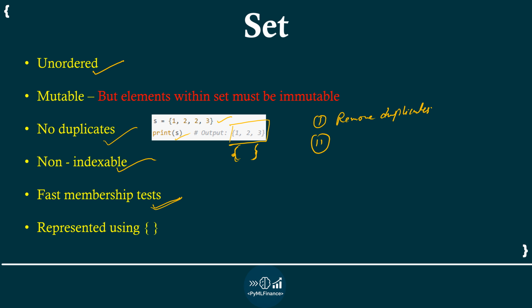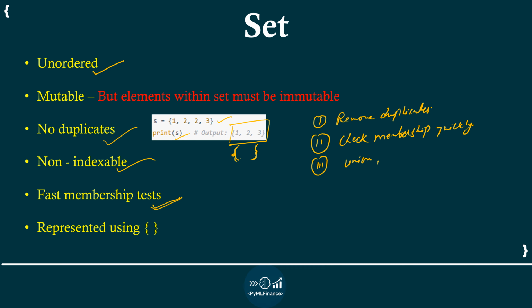Second, if you want to check membership quickly, if a particular value is available in the data structure or not, you can go with set. And if you want to perform mathematical operations like union, it is similar to your maths set.